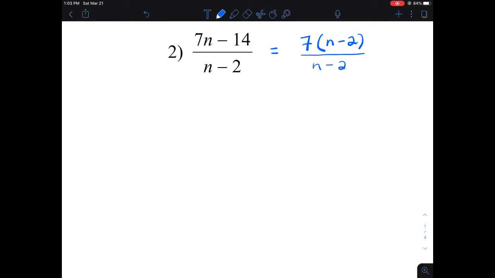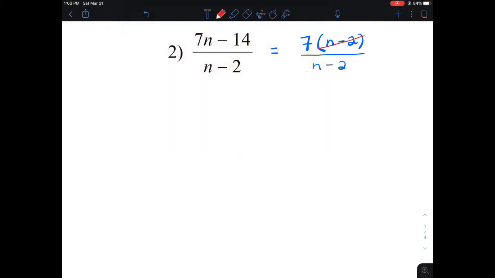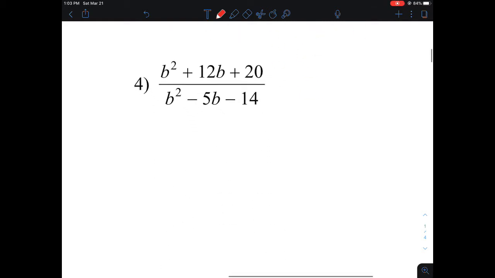I look to see if anything cancels out, and in order to cancel something out, it has to be a common factor. The n minus 2's are common factors, so I can cancel them out, which means my simplified version of this problem is 7. So number 2 simplified all the way down to 7. Let's go look at a different one.